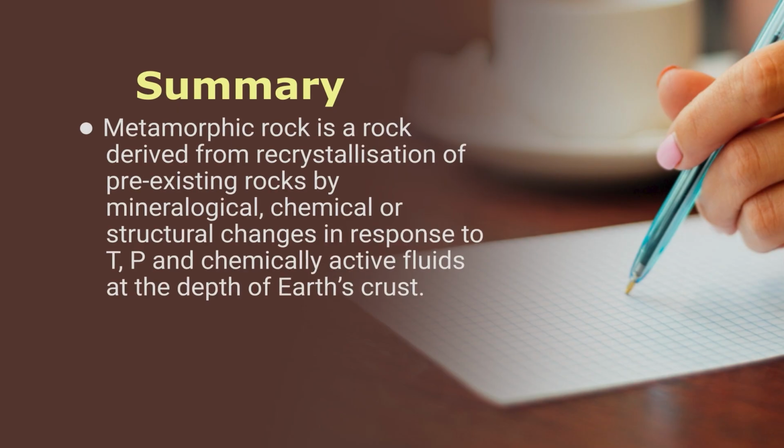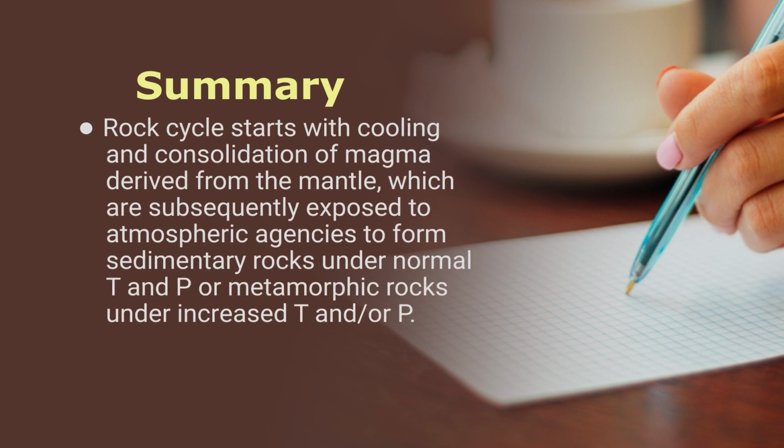Metamorphic rock is the rock which is derived from recrystallization of pre-existing rock either by mineralogical, chemical or structural changes, and these changes are in response to temperature, pressure or chemically active fluids at depth in the earth's crust. The rock cycle in a way is a continuous process and is closely tied up with plate tectonics.